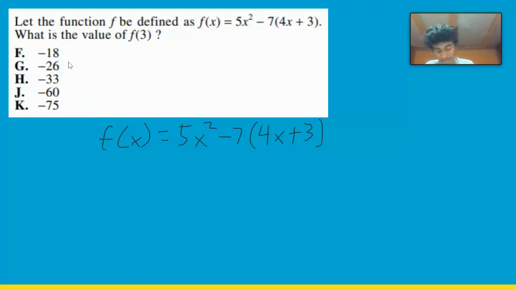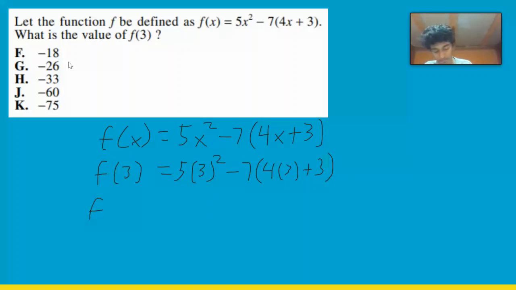And we want to know the value of f of 3. So we replace all occurrences of x with 3. So 5 times 3 squared minus 7 times 4 times 3 plus 3. And then we just evaluate this.